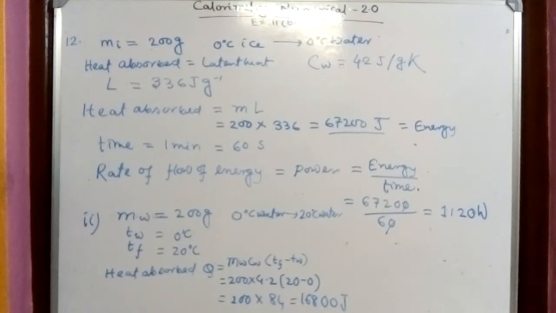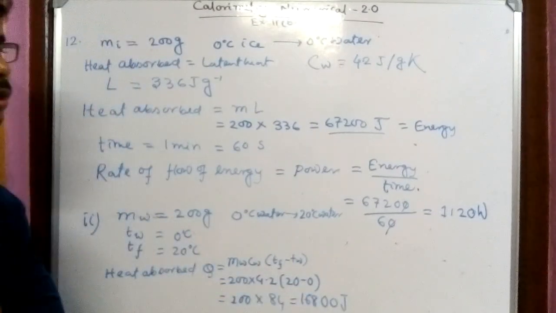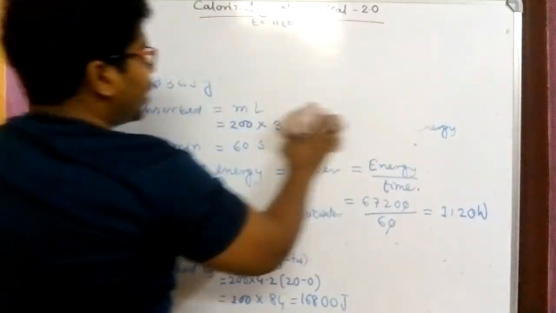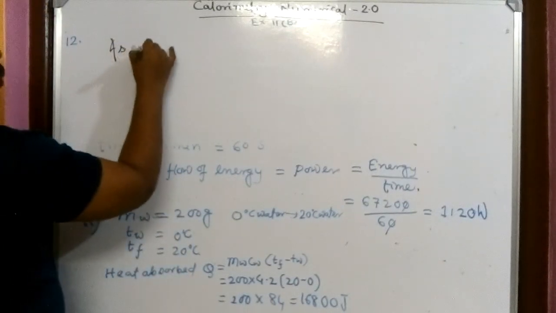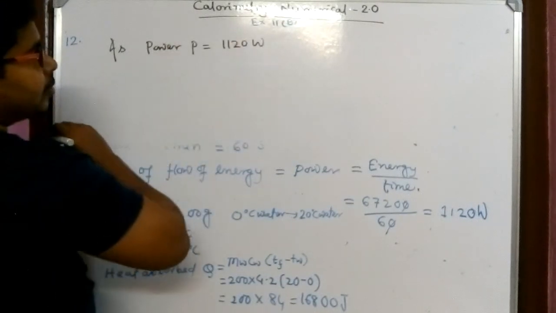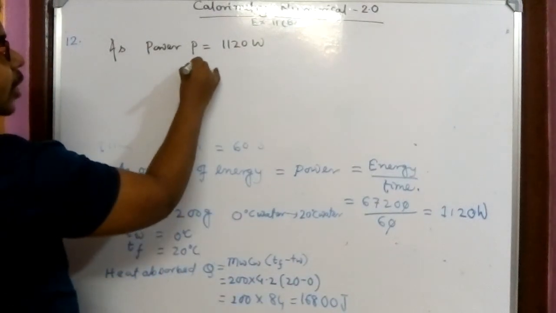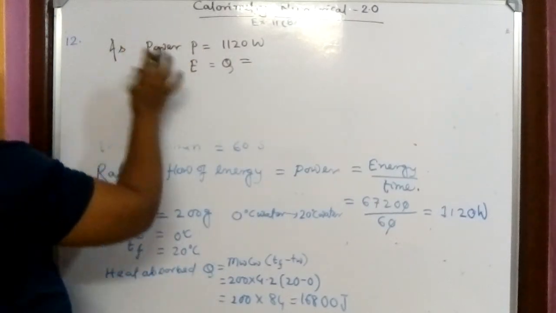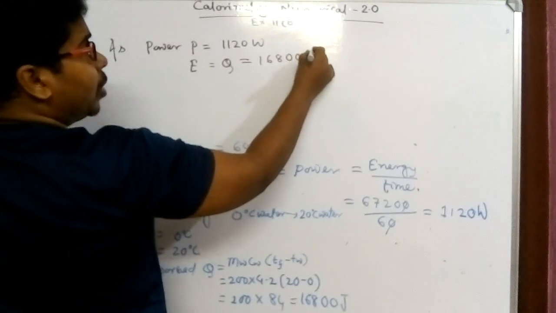Now the question has come, how much time will it take? See, we have supplied this much amount of heat energy by the same instrument whose power is this. So we can mention power P equals 1120 watt. And that much heat energy is absorbed, that is E equals Q. That is the energy supplied by the instrument, and that is 16800 joule.